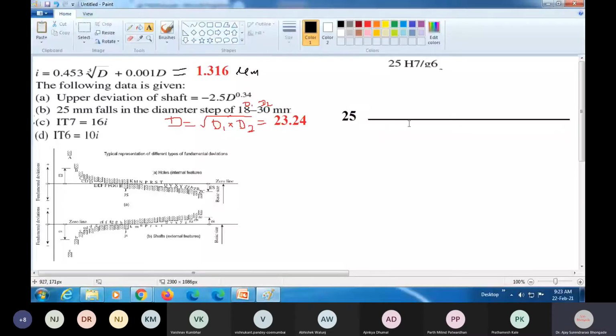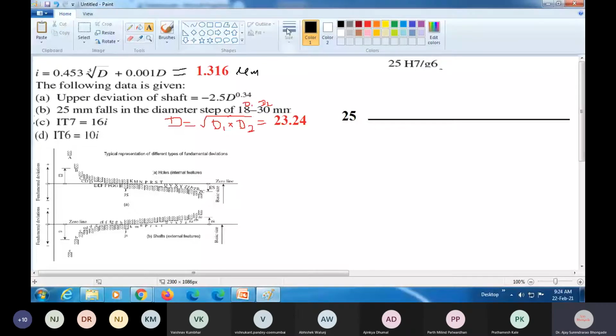Now H7, I know what this H indicates for me. Is it related to shaft or hole? H hole, na sir? Yes, capital letter is for hole. So now I know that I need to only work out what is the tolerance zone for the shaft and hole, right?